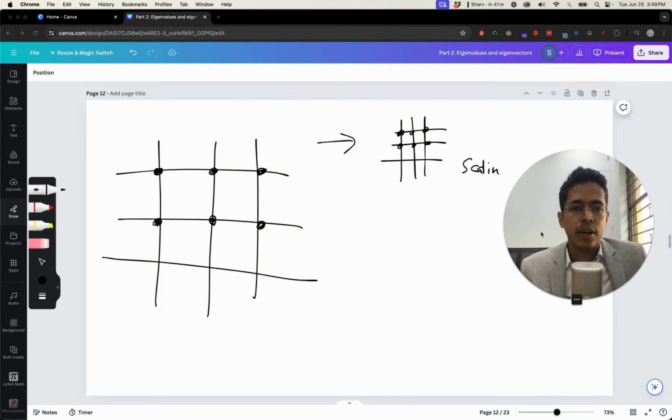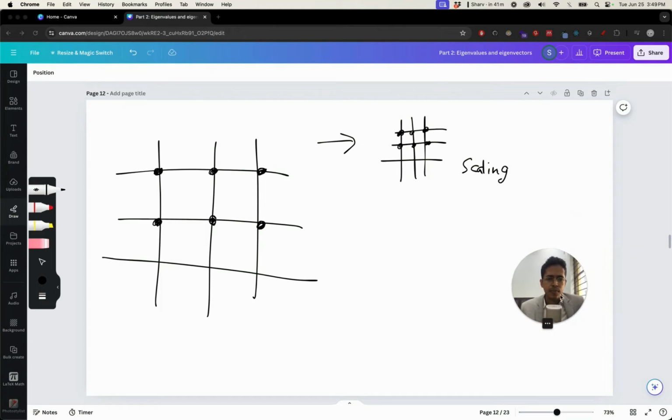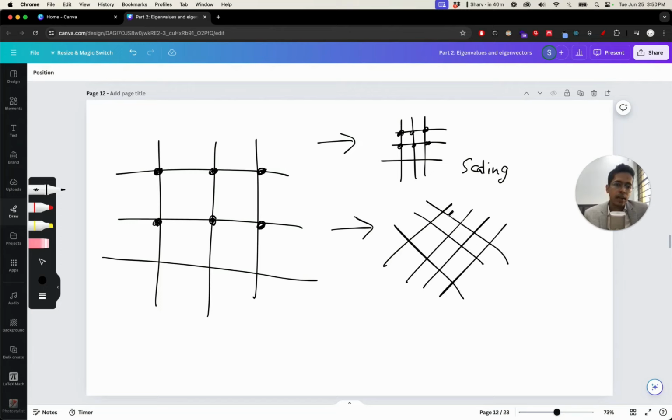What if what's happening is rotation? Then in that case, if we are doing, let's say, a 45 degree rotation, the grid might look something like this, right? So again, these points are equidistant. Previously also it was equidistant, and the lines on which these points are situated are parallel.